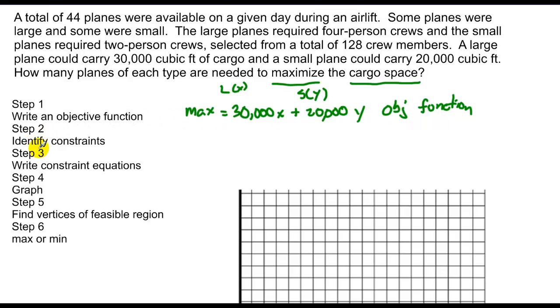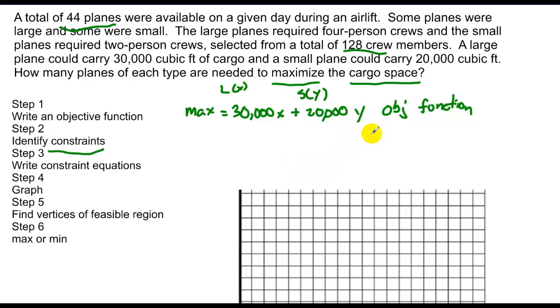Then the next thing you want to do is identify something called constraints. Now constraints are limitations to what we can use in the problem. So if I read through, I know this is a limitation. I've got 44 planes, and then I've got another limitation right here of 128 crew.